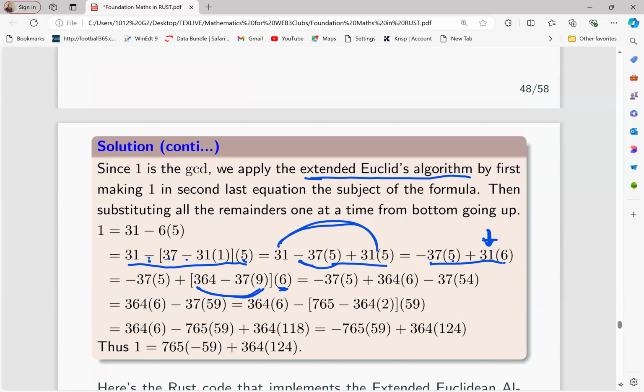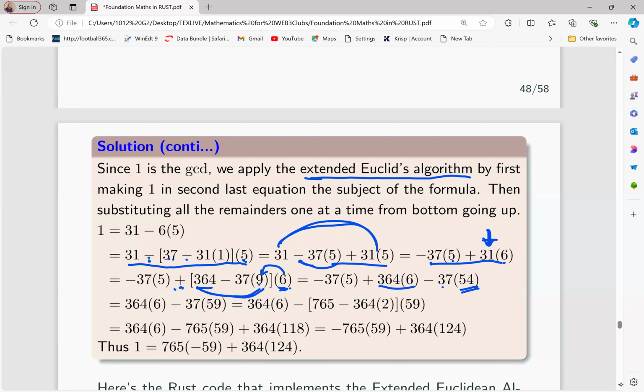Then again, you just open the brackets using this plus and 6, positive 6. So this times positive 6. Then negative 37 multiplied by 9 times positive 6. So just multiply this 6 by that. You have 54.